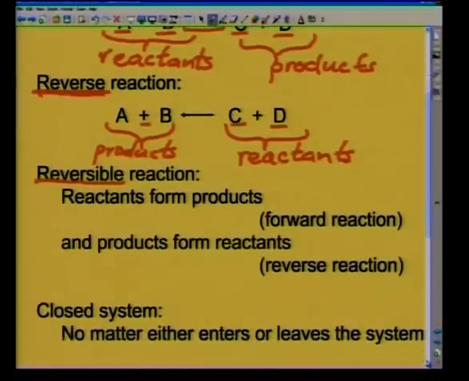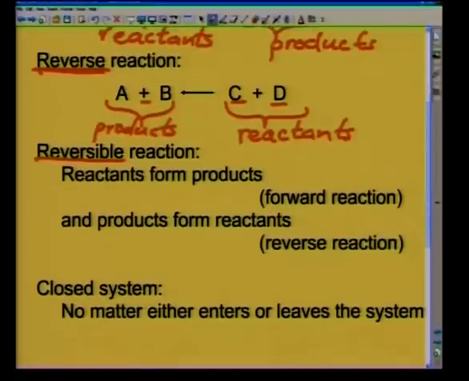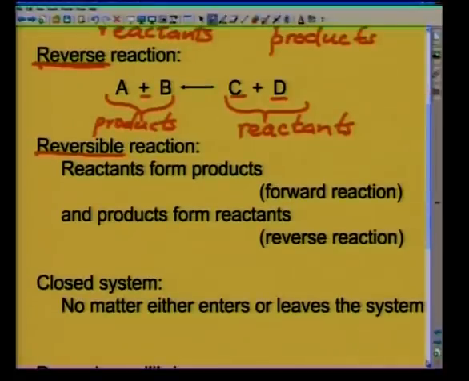It means that instead of writing again that A and B are reacting, we can just write the second arrow there to show that C and D is also reacting to give us what we started with.